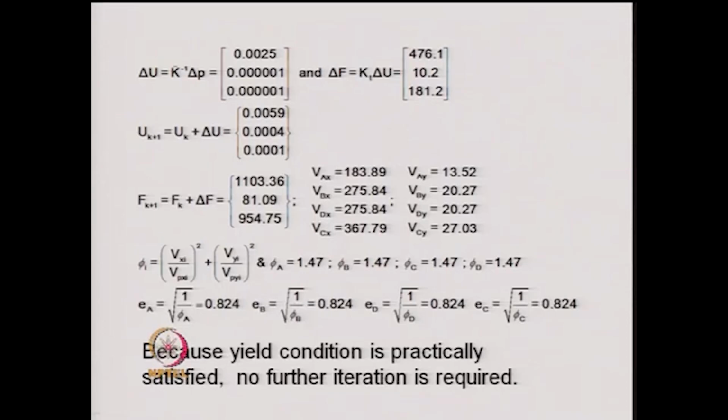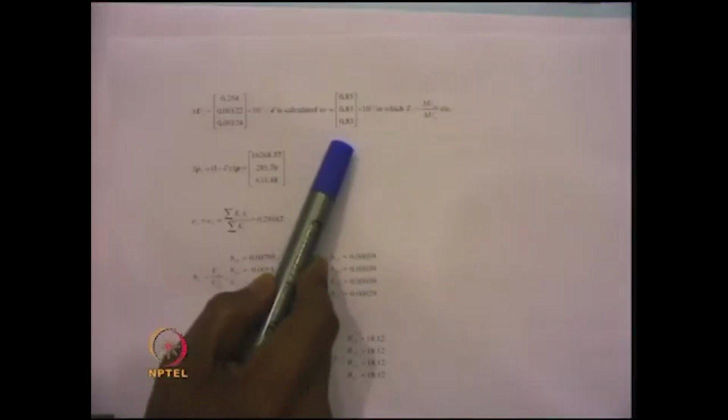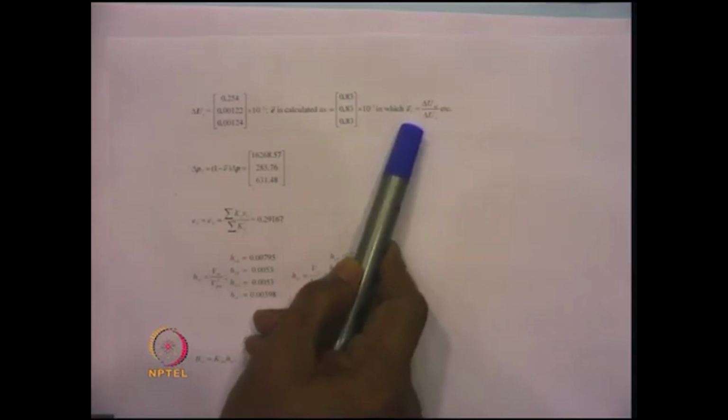With the help of these factors, delta UE is calculated, and the value of E bar is calculated as 0.83 for all the columns, where E bar x is given by this.